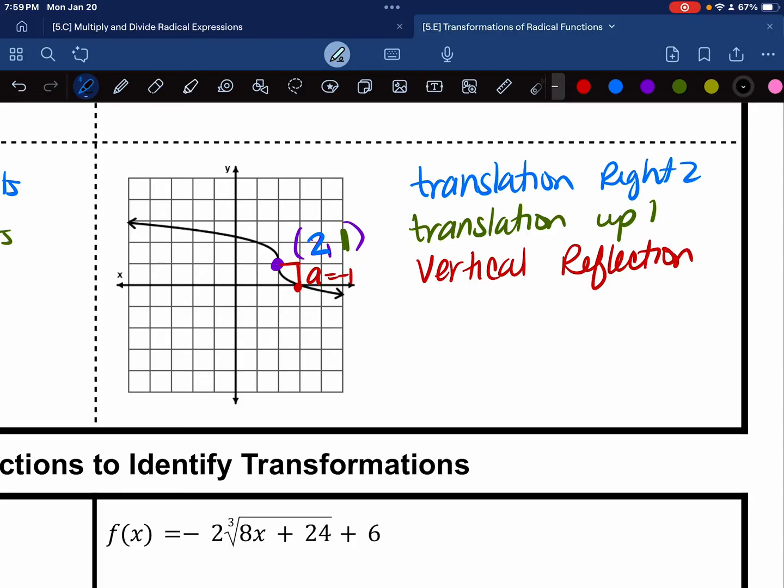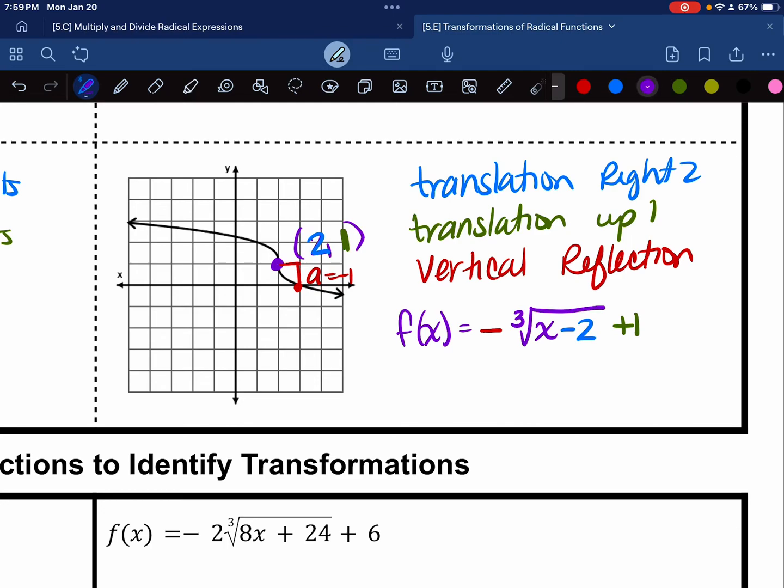So if I were to write out the equation for this, right, I'd say f of x equals, now this is a cube root, so I made a cube root here. My a is just going to be a negative sign. For my h, that would be a -2 for the translation right. And then I have a +1 outside of the radical house.